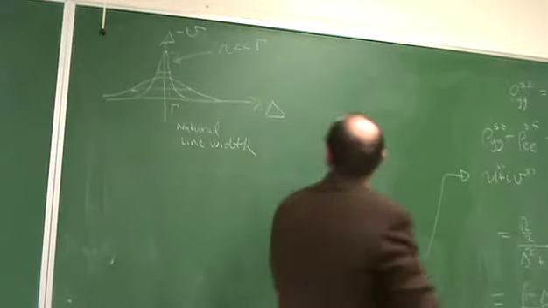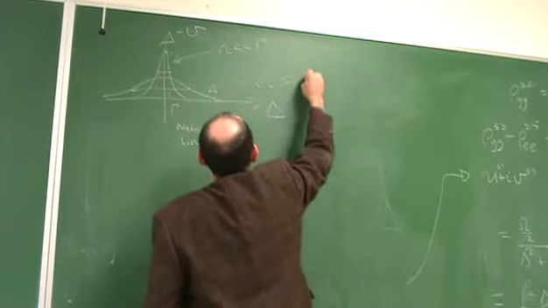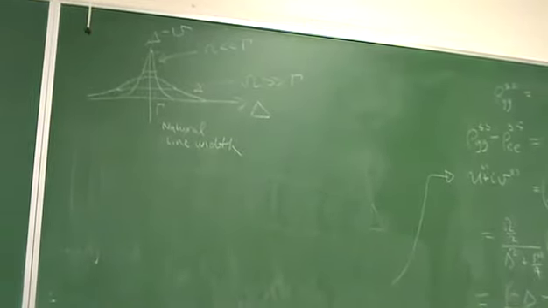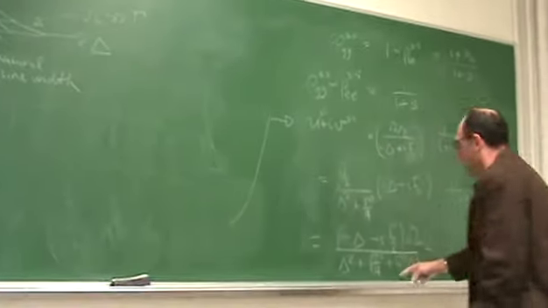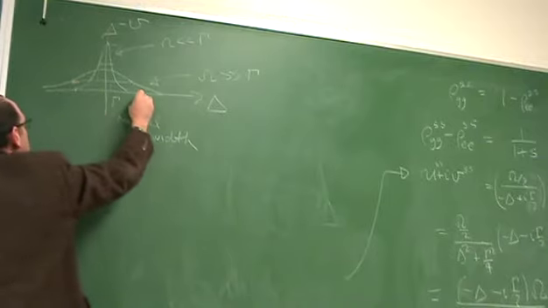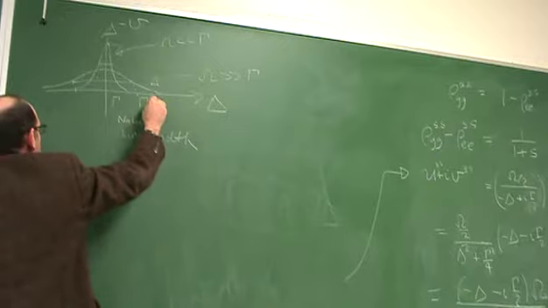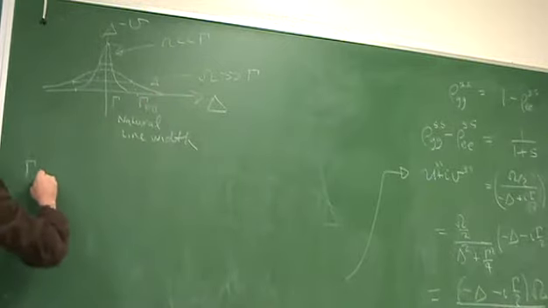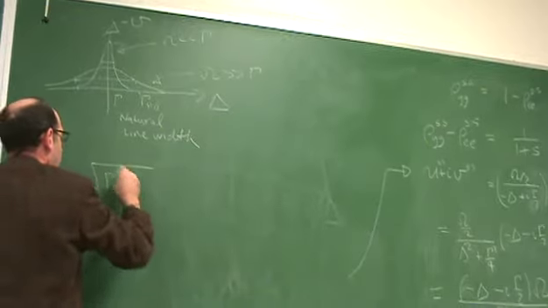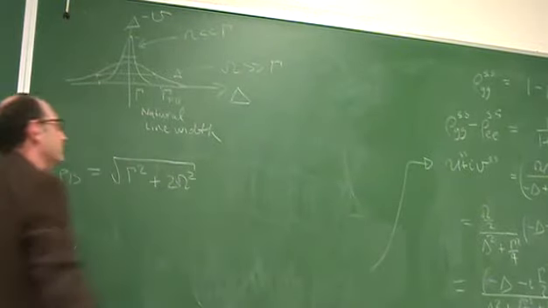However, when I start cranking up the saturation parameter, when omega is big, well then this thing has its full width at half maximum broadened. I'll call it gamma PB, where gamma PB is equal to the square root of gamma squared plus 2 omega squared.